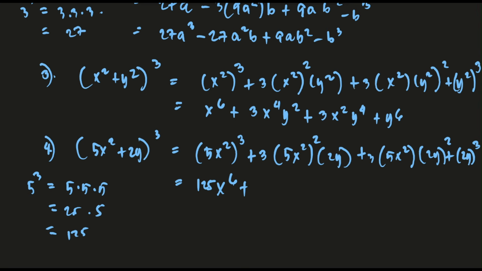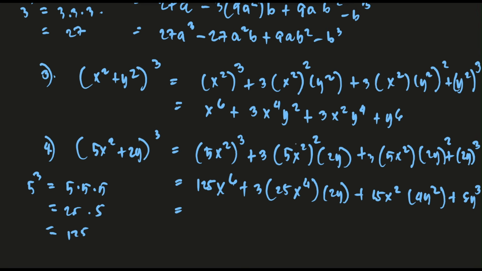Plus, simplify the power rule, we have 3 times 5 squared, that would give you 25, x to the power of 4. And then you copy 2y plus 3 times 5, that would give you 15 x squared. And the square of 2y, that would give you 4y squared, plus 2 times 2 times 2, that would give you 8y cubed.